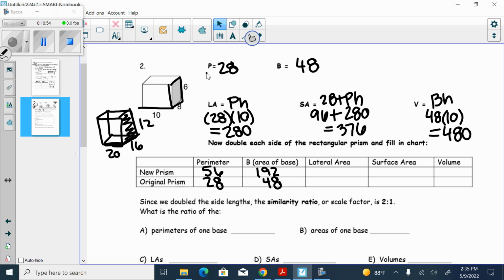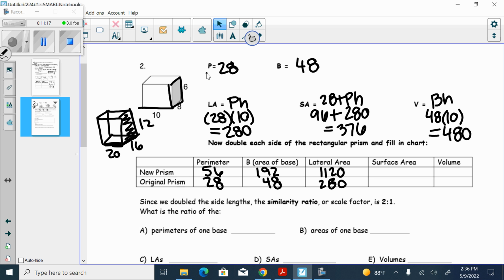Okay, then they want the lateral area. So lateral area is perimeter, which we said was 56 times the new height, which is 20. So what is 56 times 20 going to give us? Good. And then the original was 280.